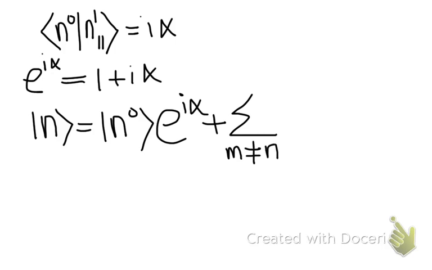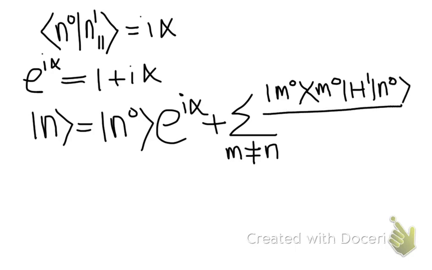So I don't want my same states over here, and m0, this is the outer product, and here I have my perturbed Hamiltonian and n0. All of this over e n0 minus e m0, right? Now we are getting somewhere from here.